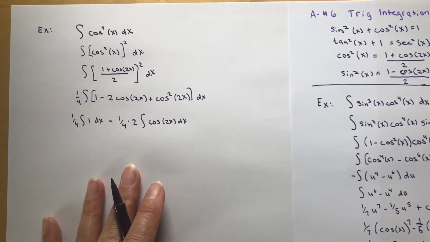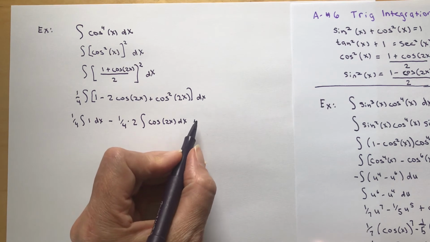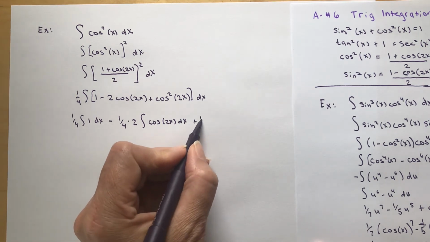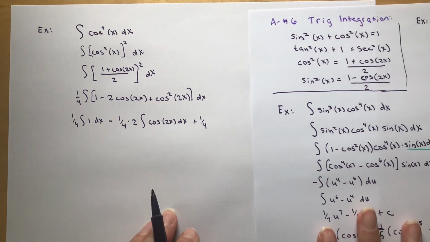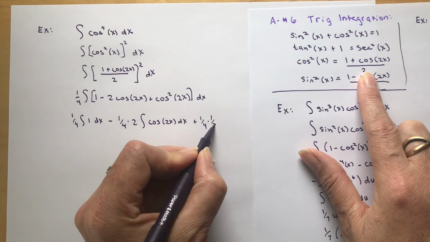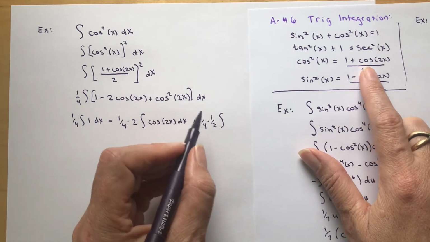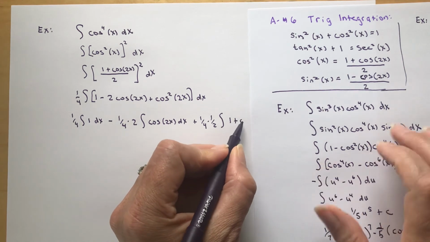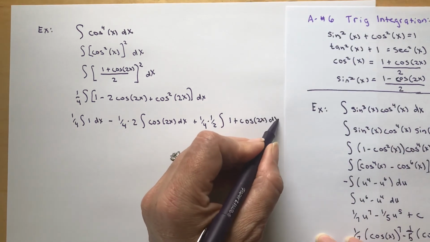And then I'm going to have plus 1/4, and then I'm going to use this formula again, and it has a 2 in the bottom, so that can be a 1/2 out here. And then the cosine squared 2x just becomes 1 plus cosine 2x dx.